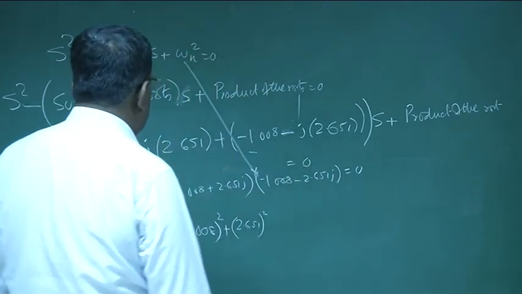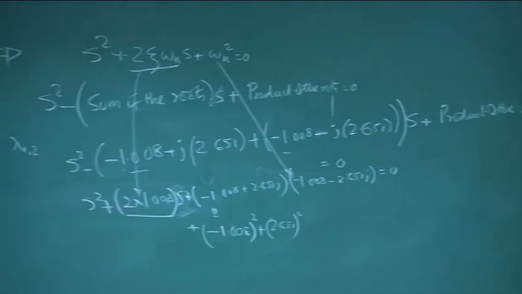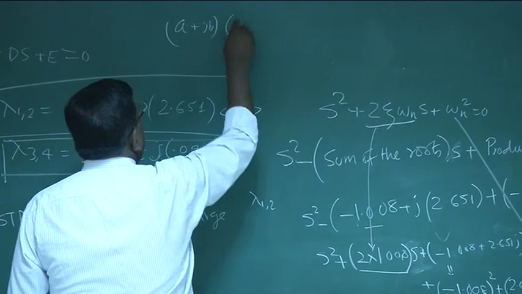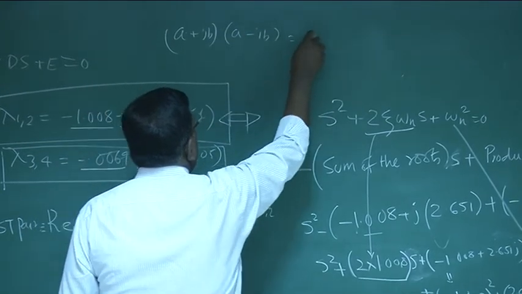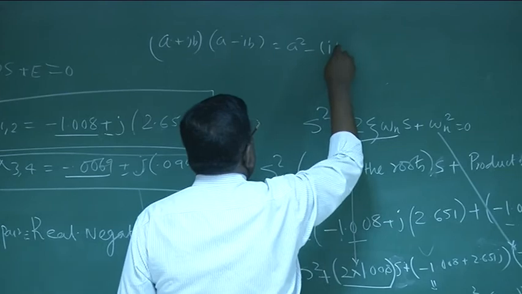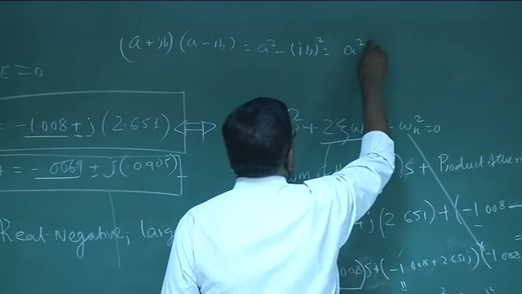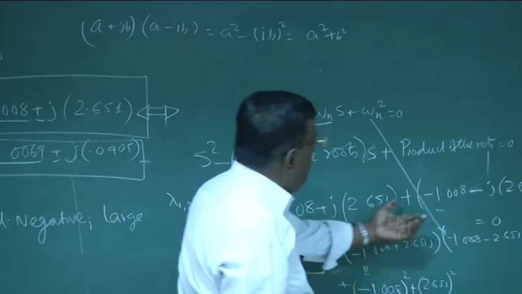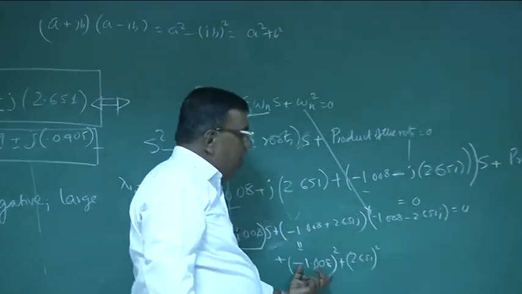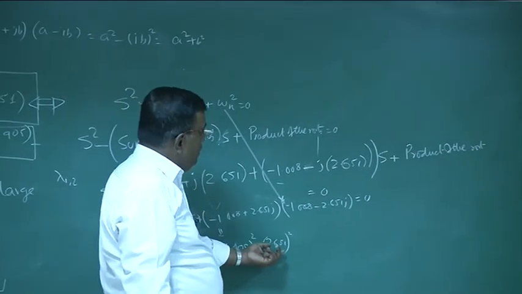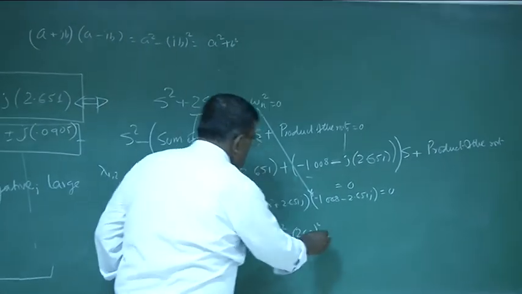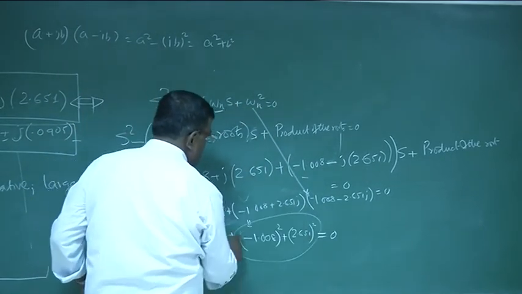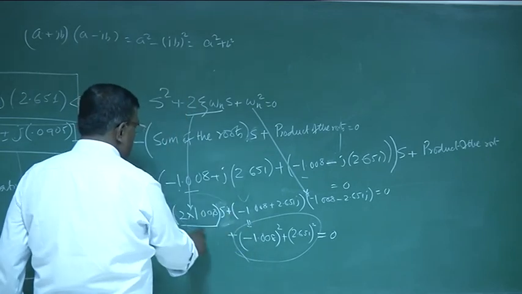I compare omega n square equal to this term and 2 zeta omega n s equal to this term.